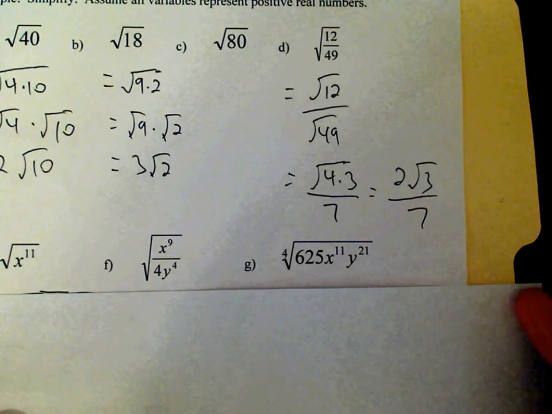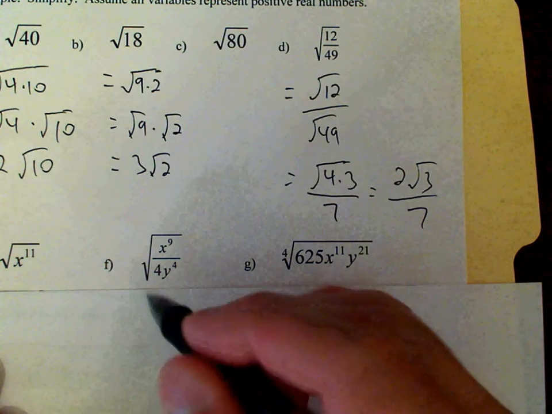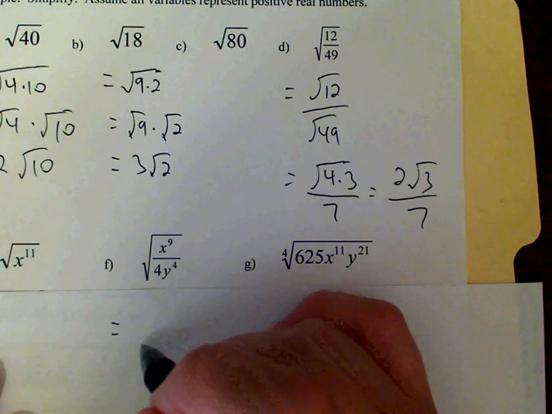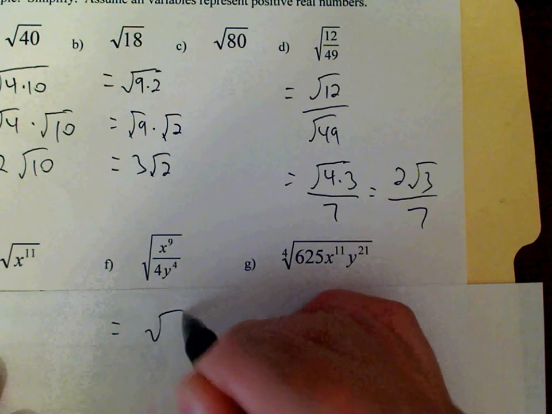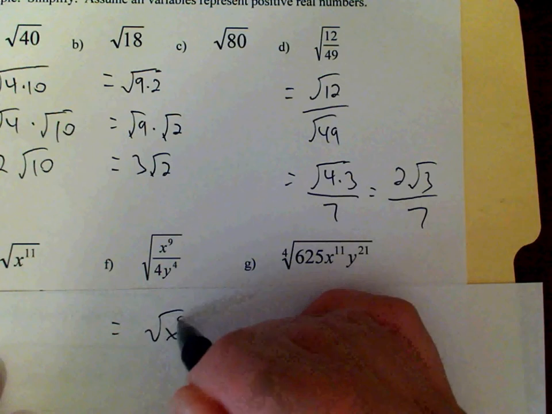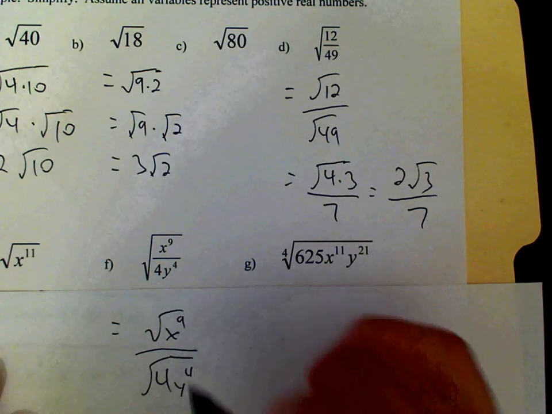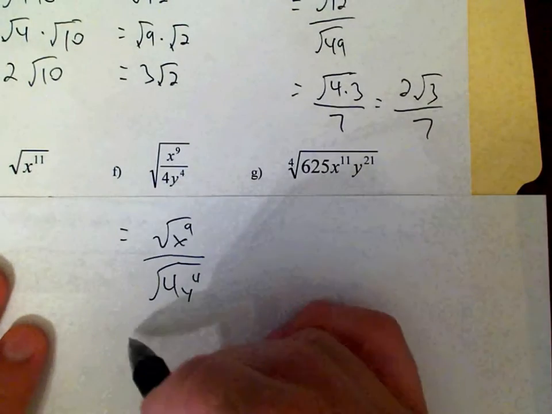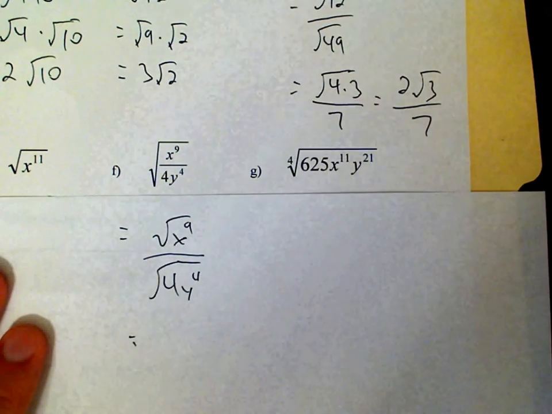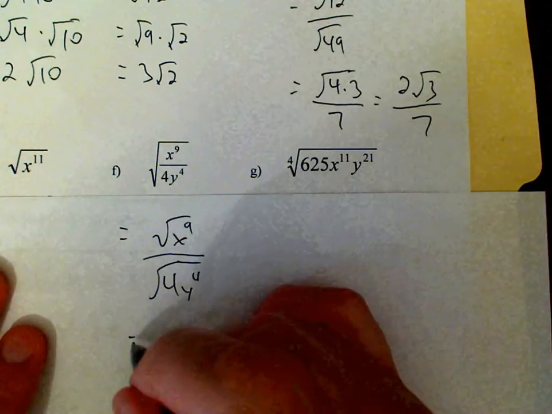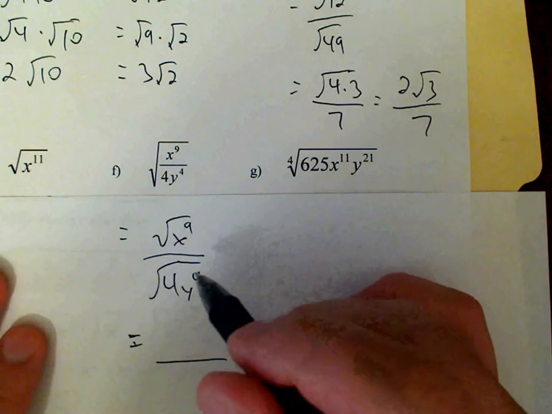So, for example, let's do part f. First thing I'm going to do is separate these using the quotient rule. It's the square root of x to the 9th over the square root of 4 y to the 4th. And then I'm going to do the bottom part first because it's easier. The square root of 4 is 2.